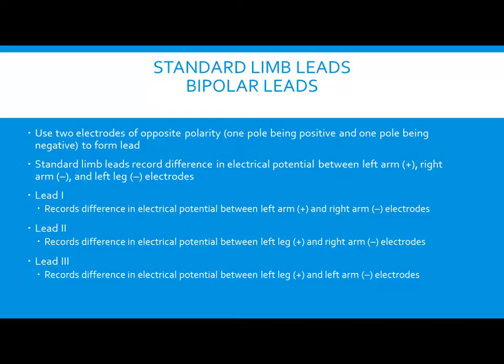If that impulse is traveling away from the positive electrode, it is going to be negative. All right? So the term bipolar means that there are two poles. You've got a negative and a positive pole. What's going to happen is the monitor, based on what lead we tell it we want to see, is going to turn the pole into negative or positive.